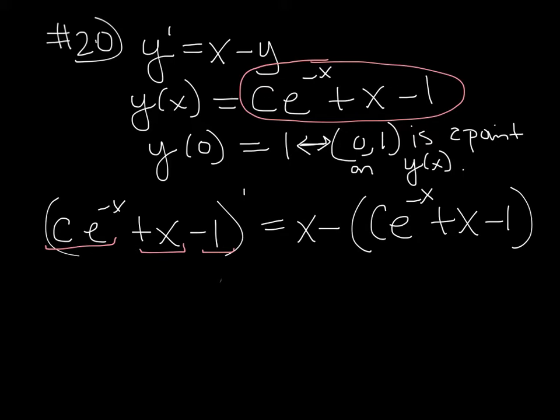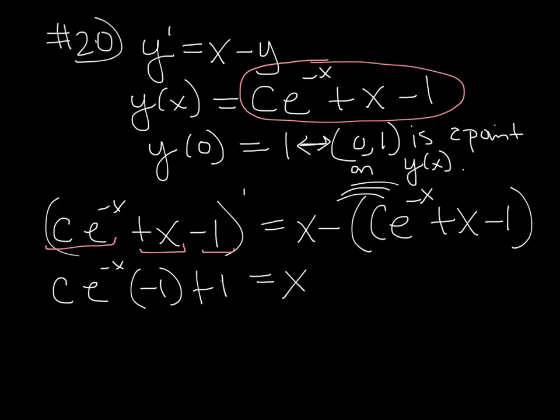No need for the product rule since c is a constant, but we will use the chain rule for this part: c e to the negative x times the derivative of negative x, which is negative 1. The derivative of x is 1, and the derivative of a constant is 0, so we don't need to write 0. And here we're just distributing that x to the three terms.